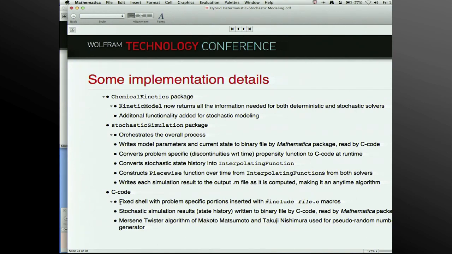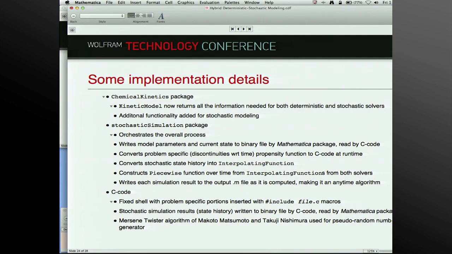So we took the stochastic part and rewrote it as C code, and we isolated only the time-dependent part of the model as a separate piece that Mathematica would then write in C at runtime, and then the C program shell would incorporate that. It would get compiled and then run to do the simulation.